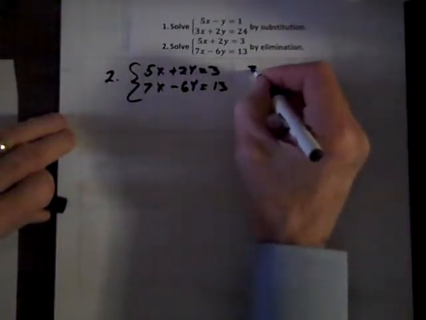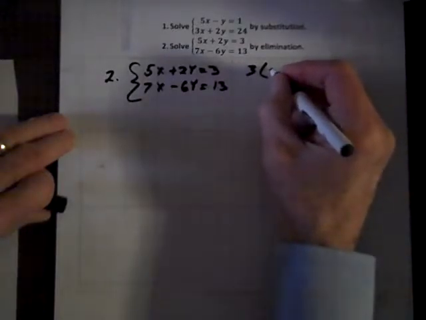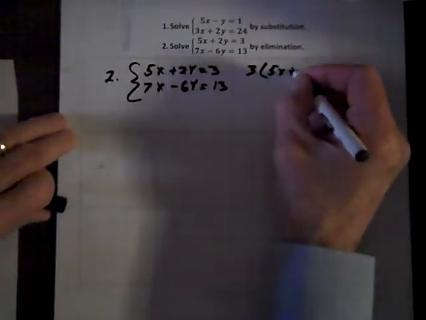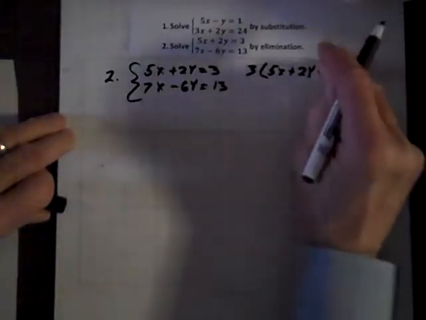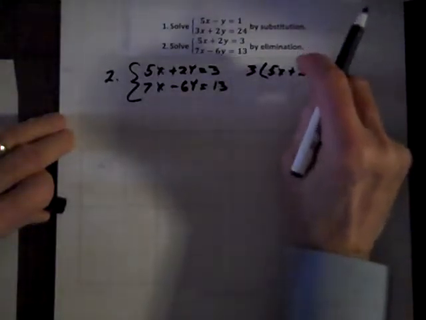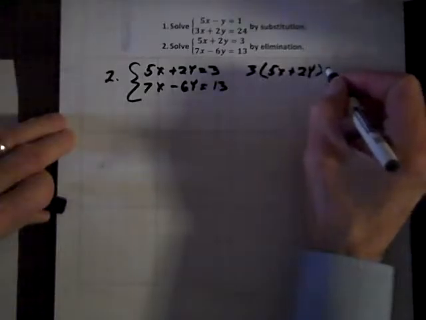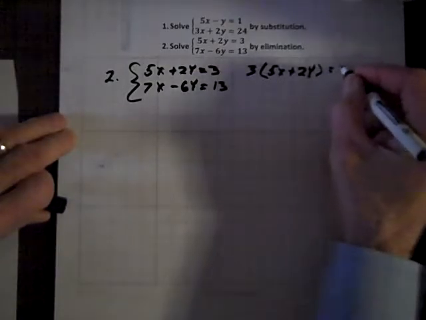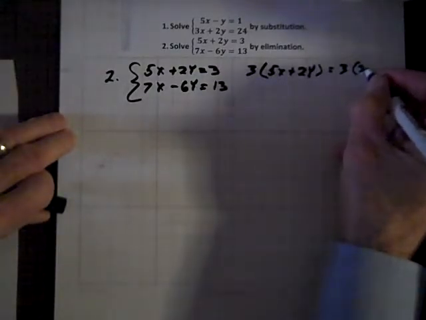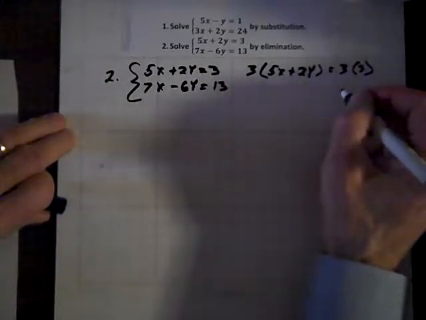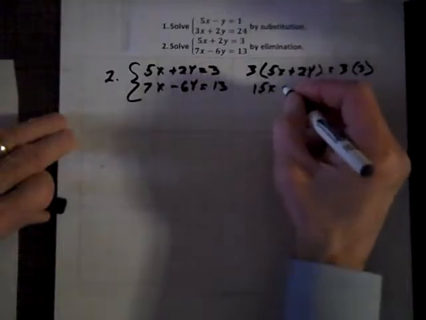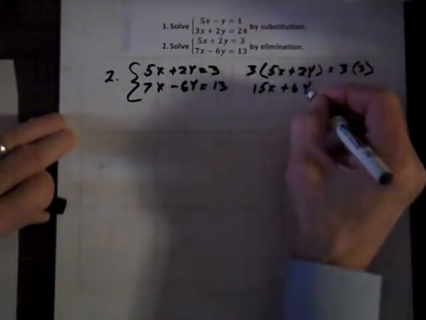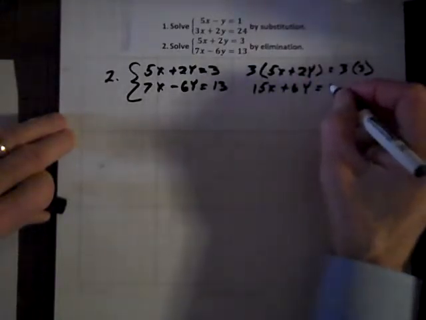So we have 3 times 5x plus 2y equals, and 3 times 3. So we have to multiply every term by 3. And we get 15x plus 6y equals 9.